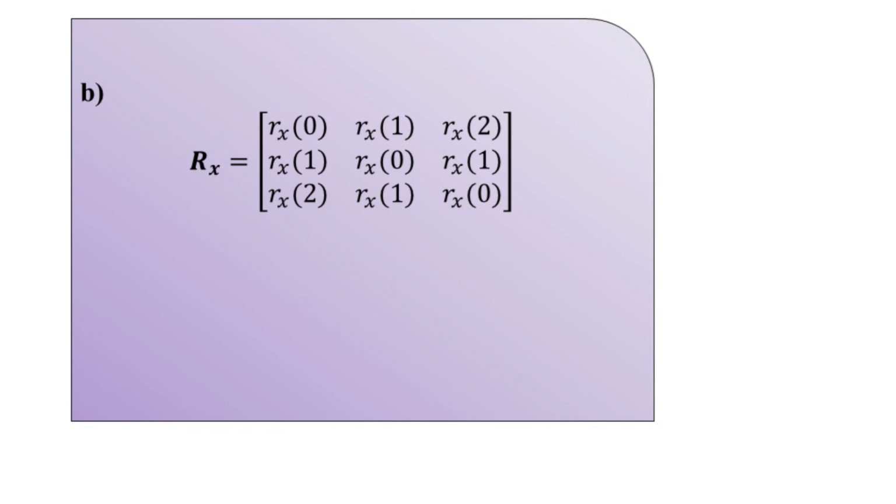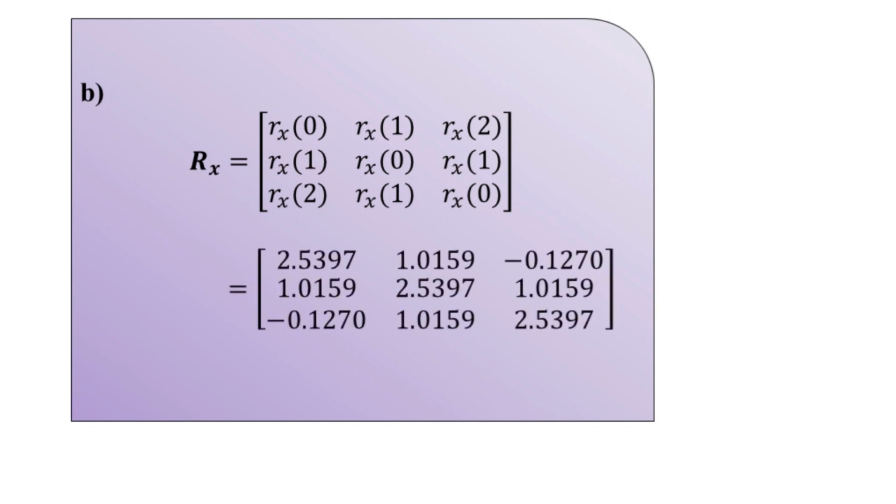Upon substitution of the values, those we have obtained by the inverse Levinson-Durbin recursion, a possible way to compute the autocorrelation sequence coefficients here, we can have the substitutions on the right hand side and obtain Rx. The first row elements are 2.5397, 1.0159, minus 0.1270.